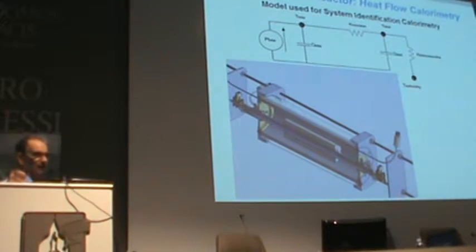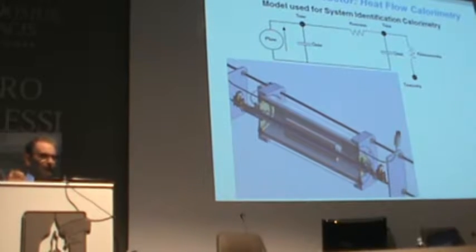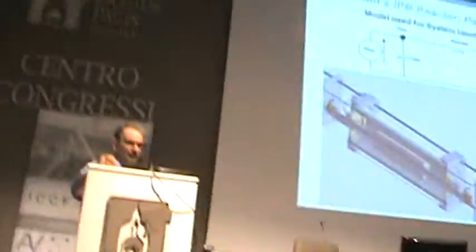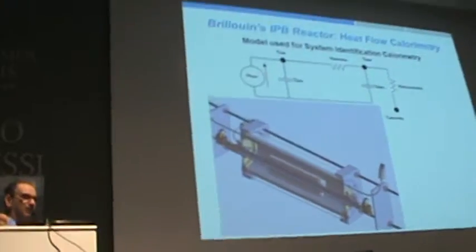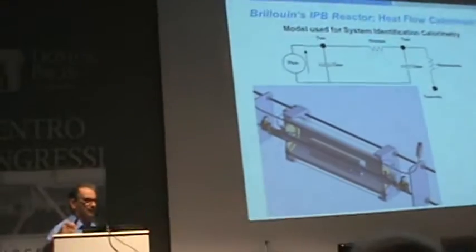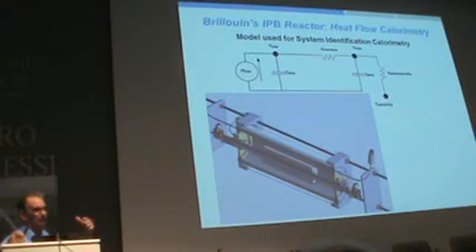So back to this diagram and the model. I really do have to mention Bob Higgins presented something very similar at ICCF 21. Like I say, this is the watered down version of the very complicated system ID, which requires MATLAB and a system identification module.